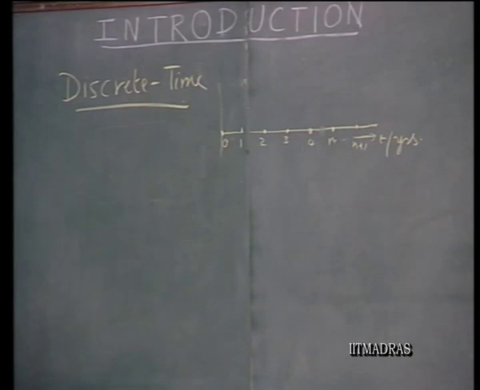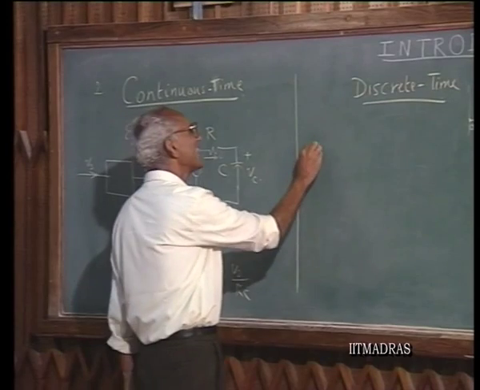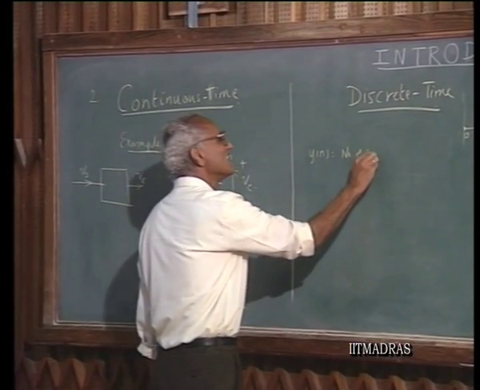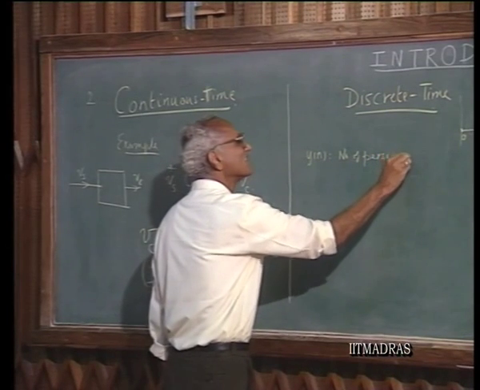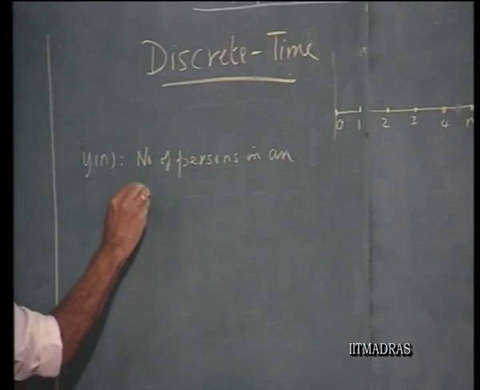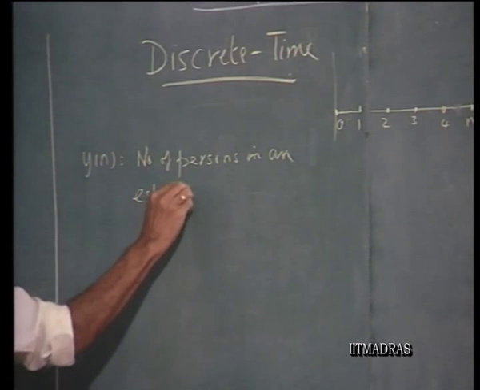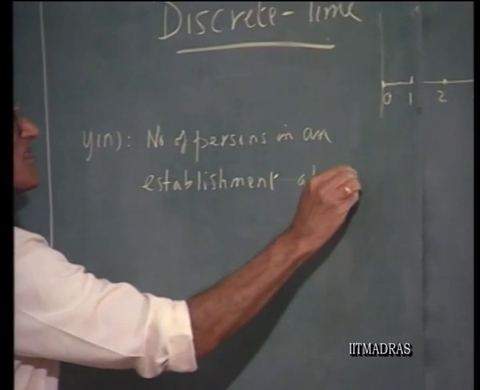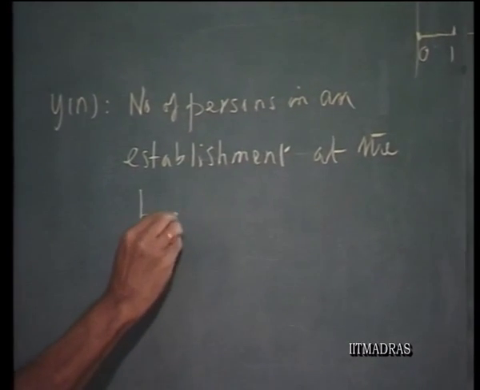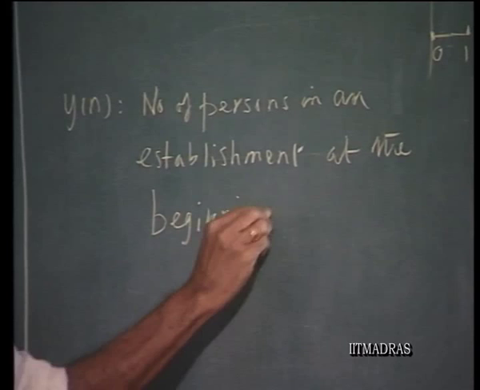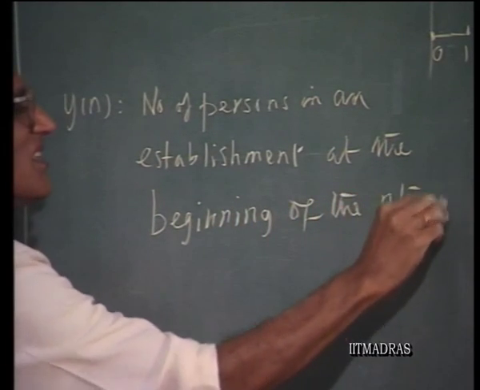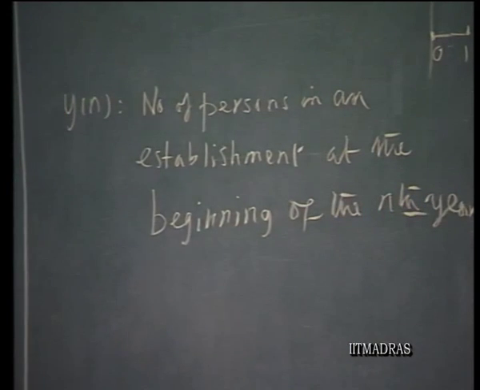As an example, let us consider an organization in which yn is the number of persons in an establishment at the beginning of the nth year. That is yn.